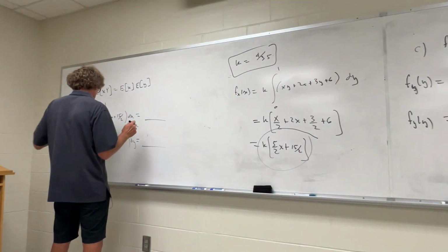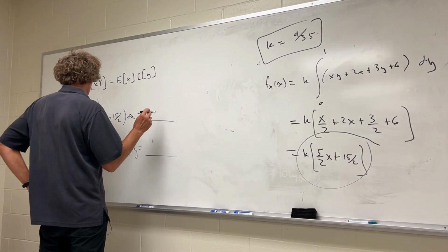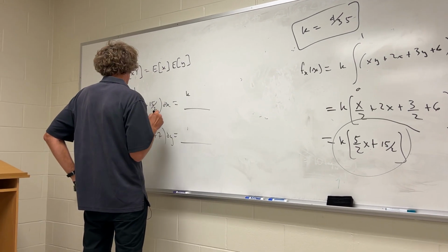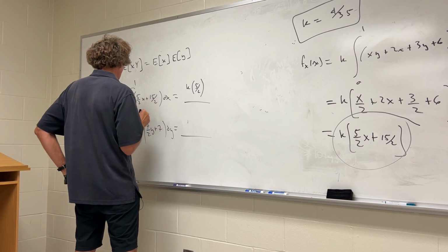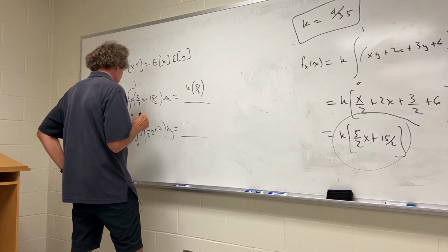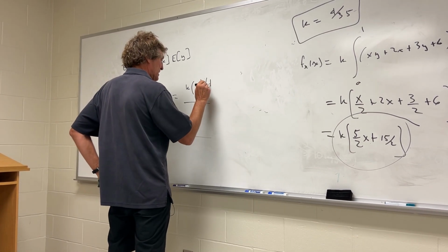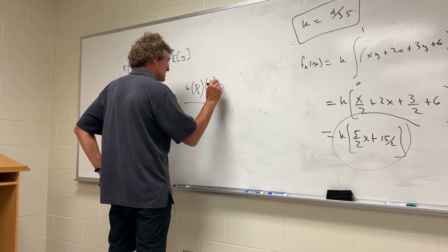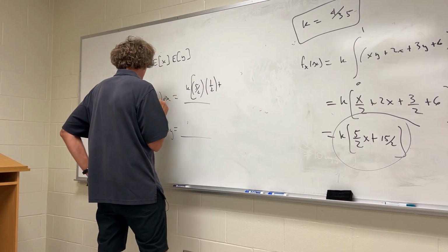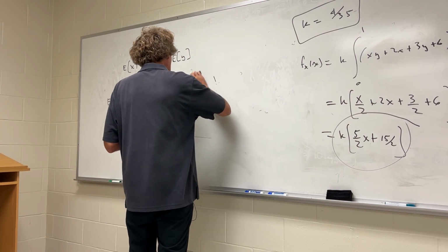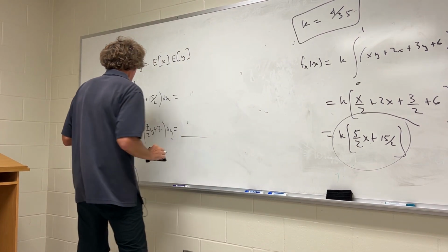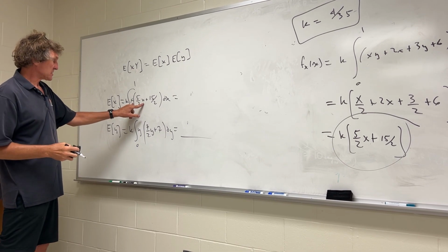So this is going to be equal to k, times 5/2, and then x squared dx, which is x cubed over 3, times 5/2.